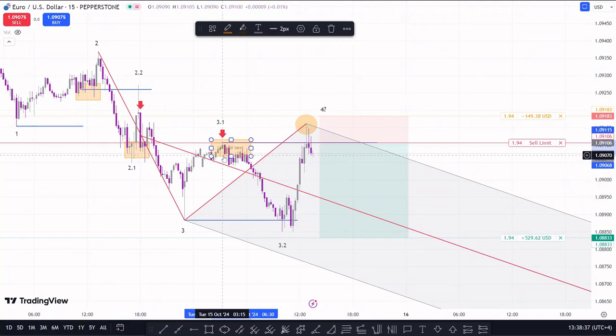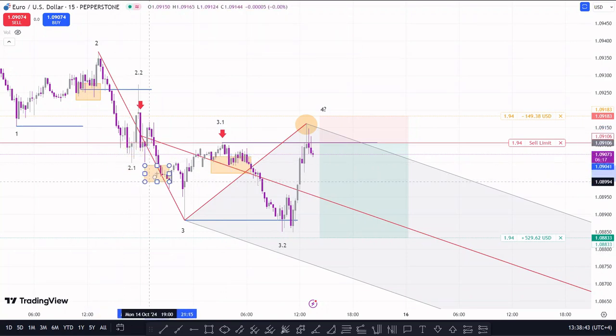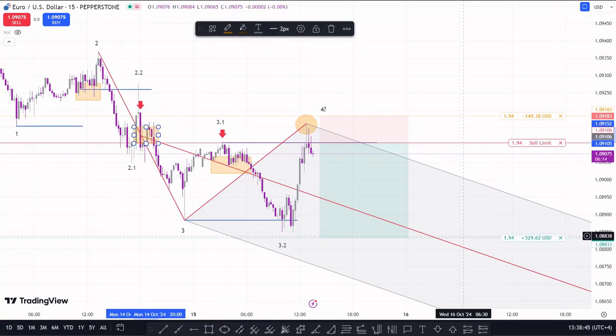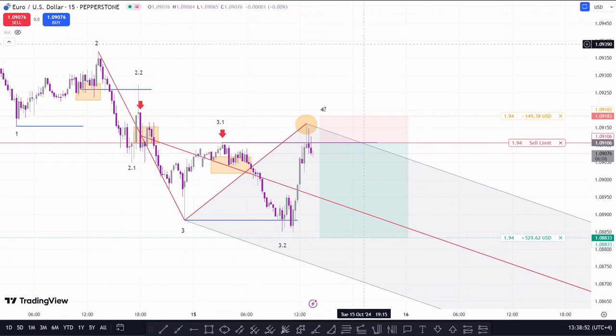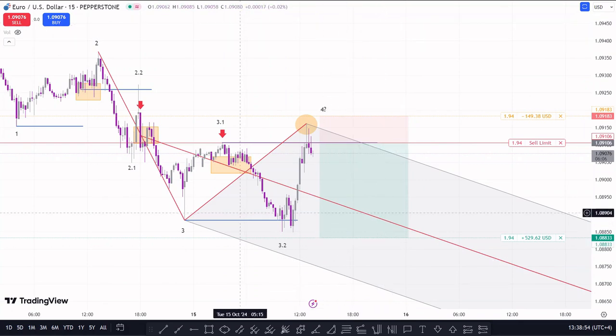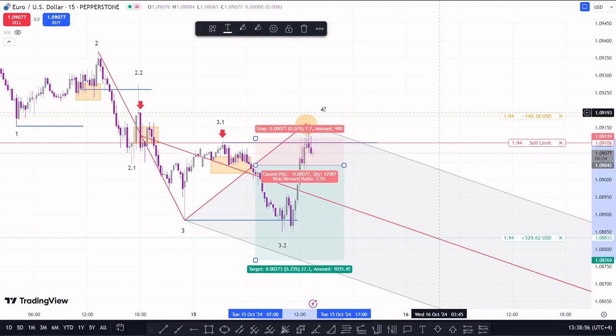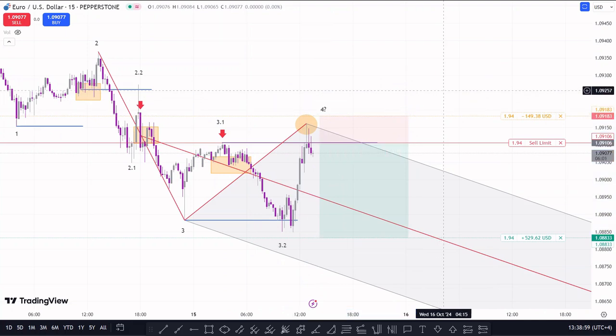And makikita natin pretty much we have a good validation here since price is reacting dito sa ating median line. So the only thing that we have to do now is wait if price will validate our context. I mean, kung mag-agree yung price doon sa nabuo nating context, and we'll see how this trade plays out.